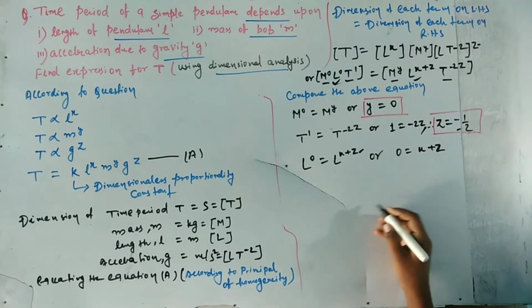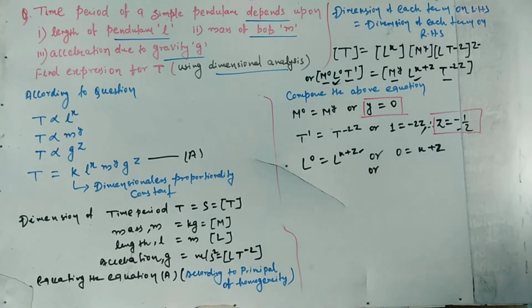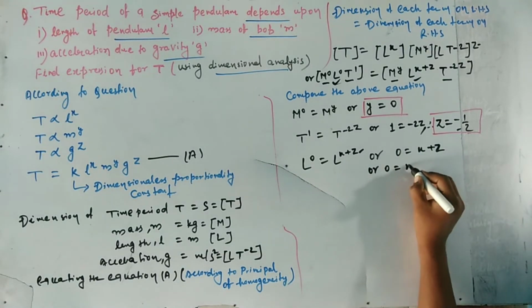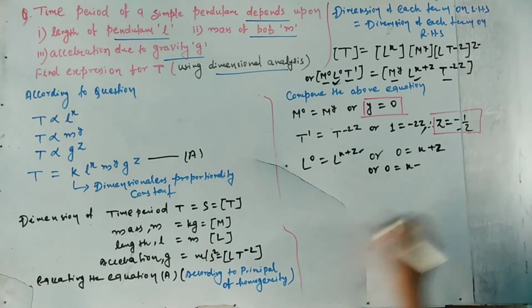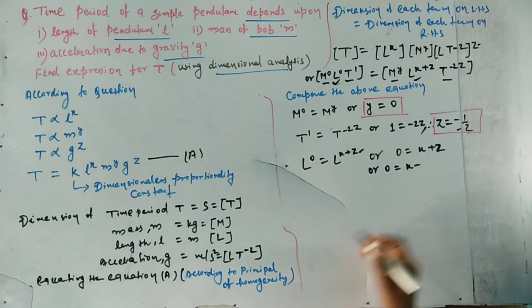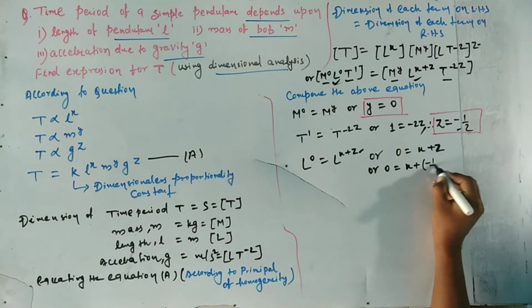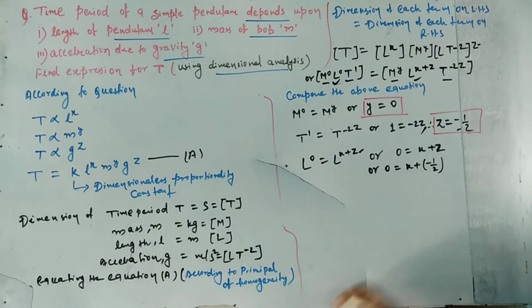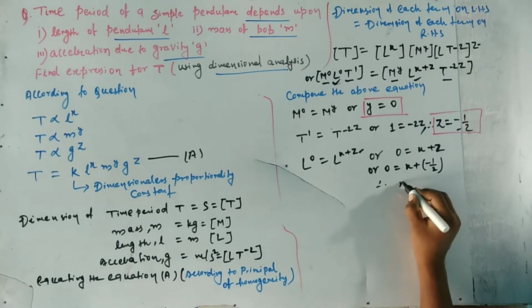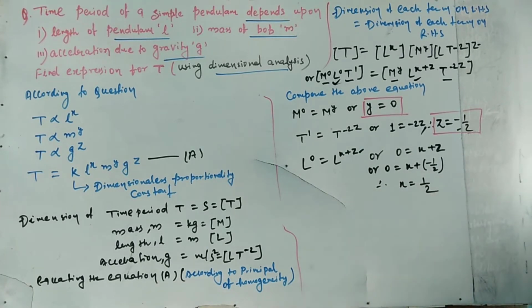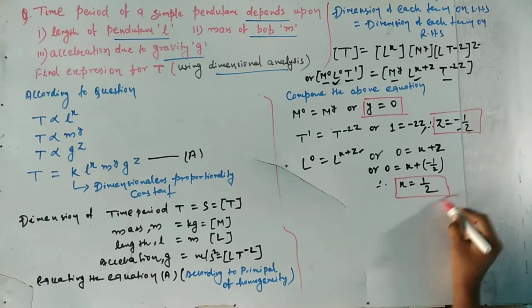Now we put the value of z, which is minus 1 by 2. So 0 is equal to x plus minus 1 by 2. Therefore x is equal to 1 by 2. So here we calculated the values of x, y and z.